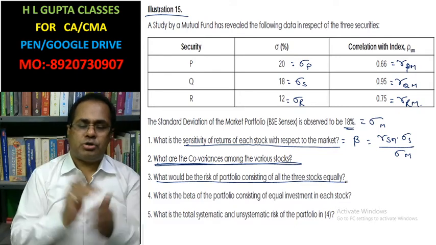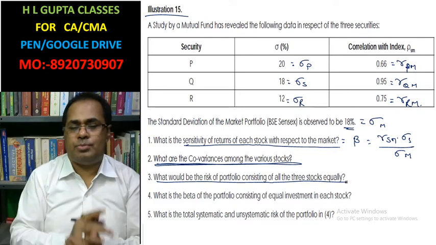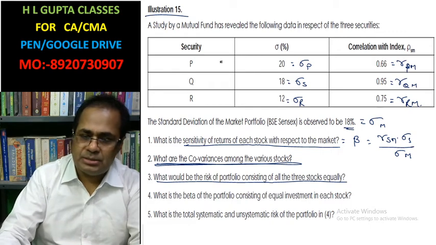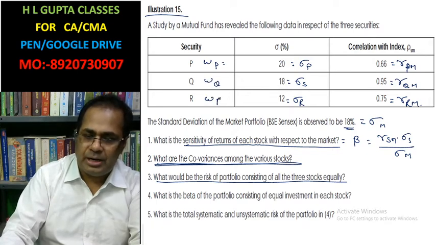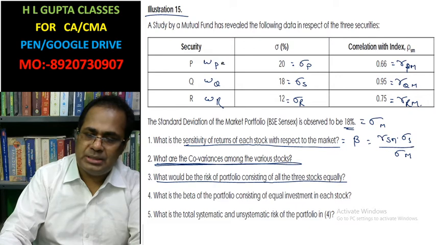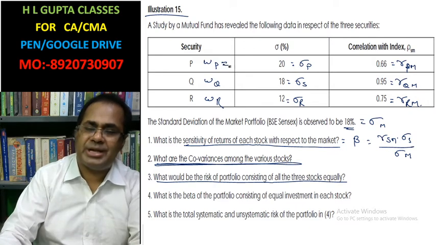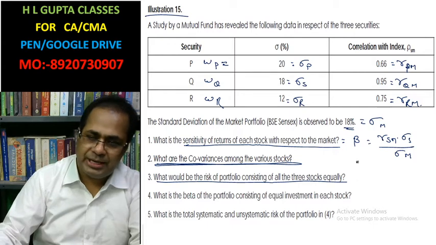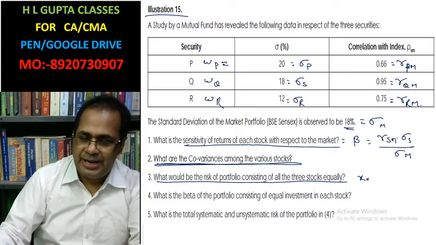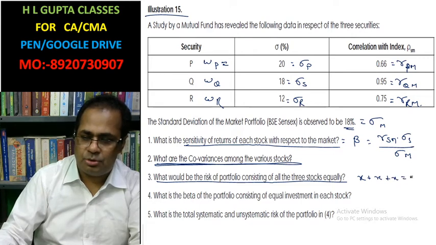All the stocks equally means the weight of, in this case, what will be the weight? Weight of P, weight of Q, weight of R. Equal means the sum of the weights is always 1. In this case, what will be? X plus X plus X equal to 1.